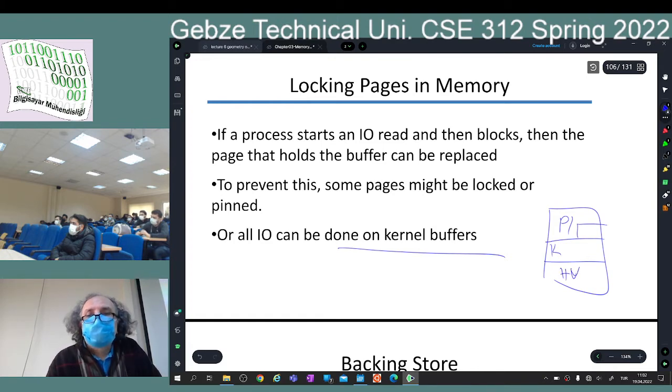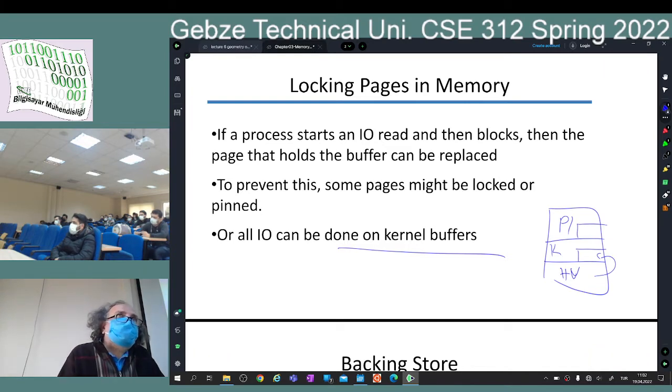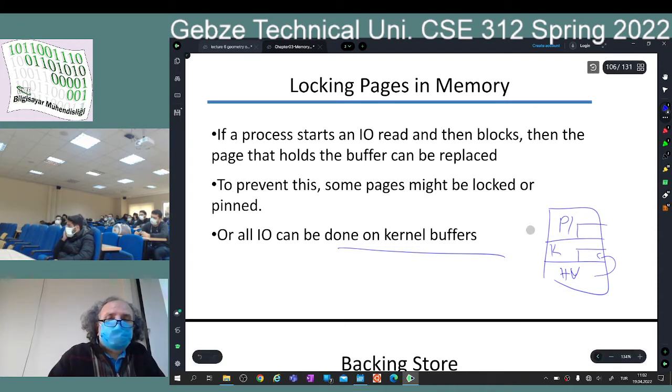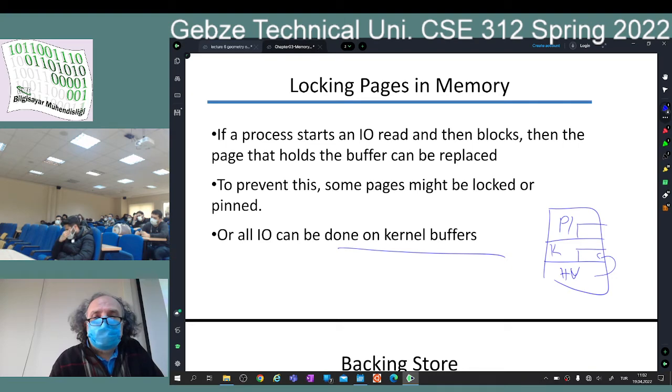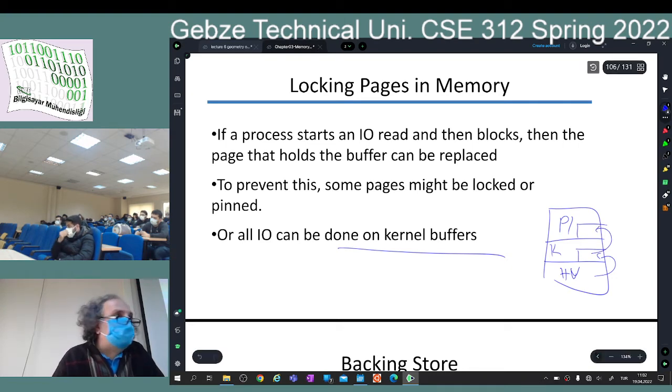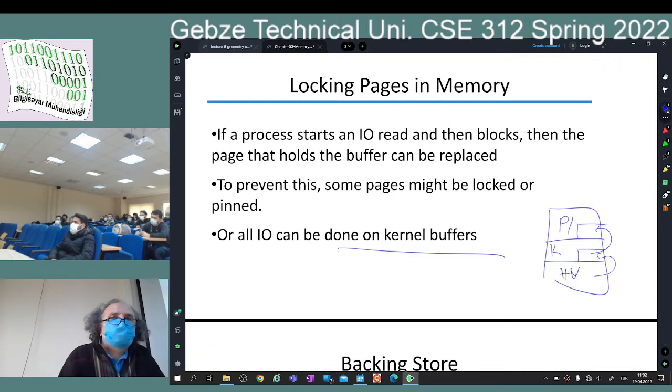With this approach, you load your data from hardware to the operating system kernel buffer, and when that data is available, I can start running again as process number 1. I can copy this data to my buffer. So kernel buffers is a solution to this problem, or locking pages in memory is something that we can do.